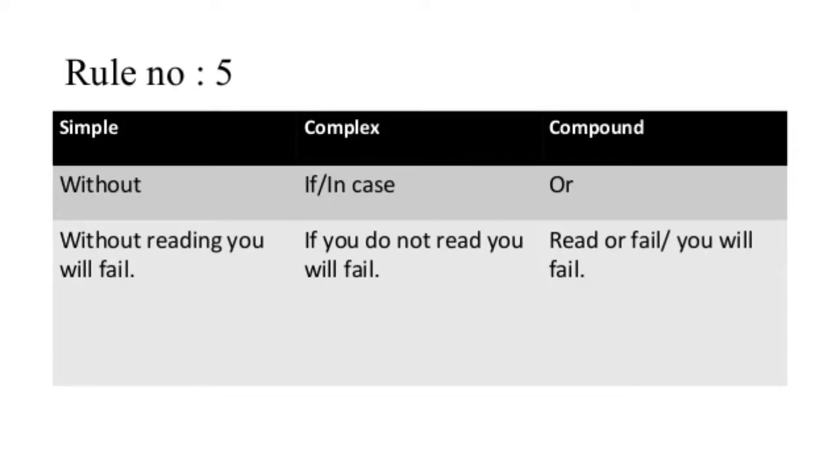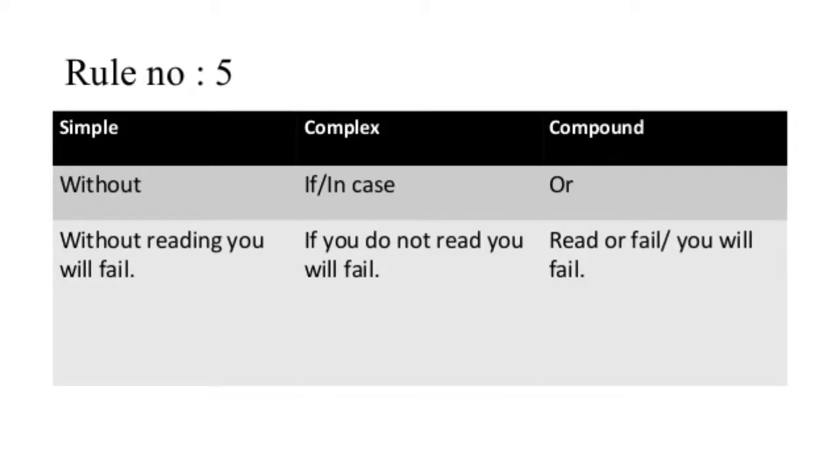If you do not read, you will fail. So that is the complex sentence. So in simple, with the keyword without, in compound with the coordinating conjunction or, in complex with the subordinating conjunction if or in case. So this is rule 5.